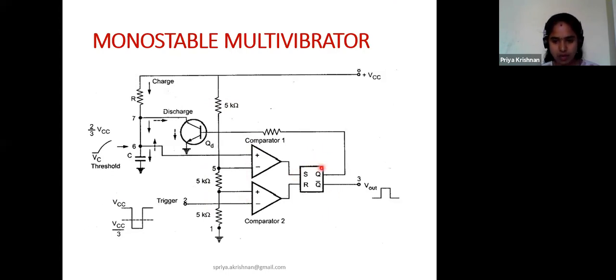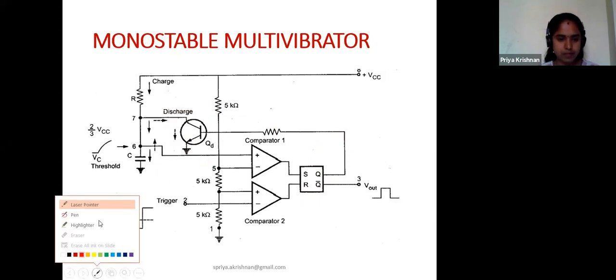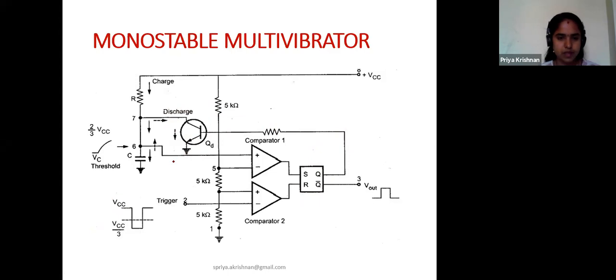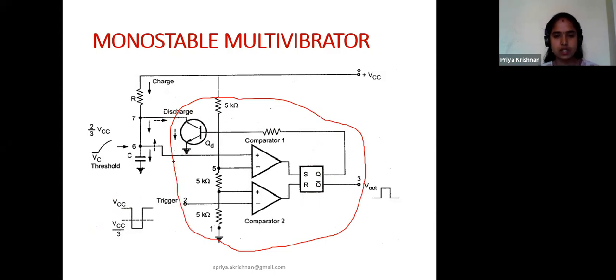Yes, it is an SR flip flop, and we had one transistor, isn't it? So here comes our transistor. Yes, is it clear? So up to this part is the internal structure of IC 555. The whole part is present inside your 555 IC device itself.